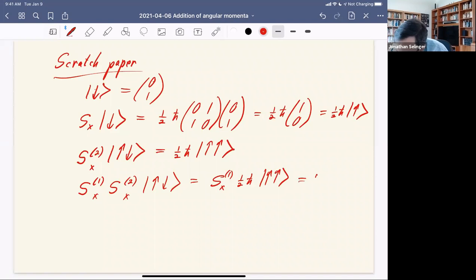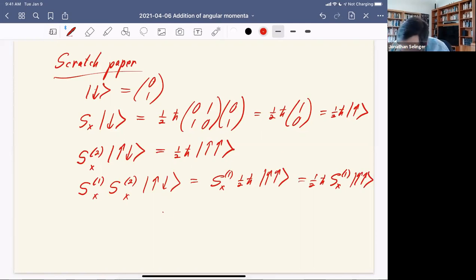That's a half h bar times S1x acting on up, up. And we already know what S1x does to up, up: it multiplies by a half h bar and flips the up to a down.